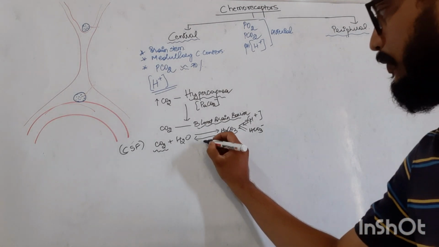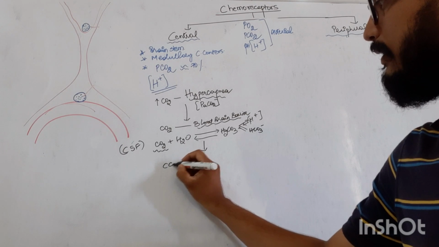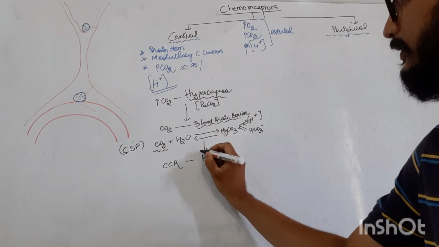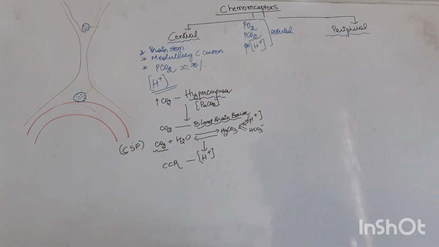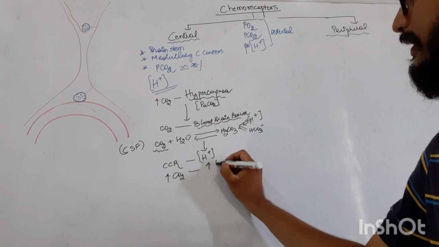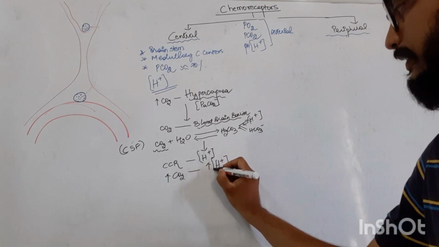The central chemoreceptors are much more sensitive to this hydrogen ion concentration. So whenever there is increased carbon dioxide, obviously there is increased hydrogen ion concentration.